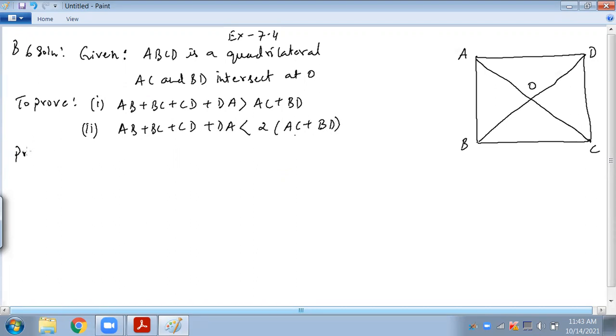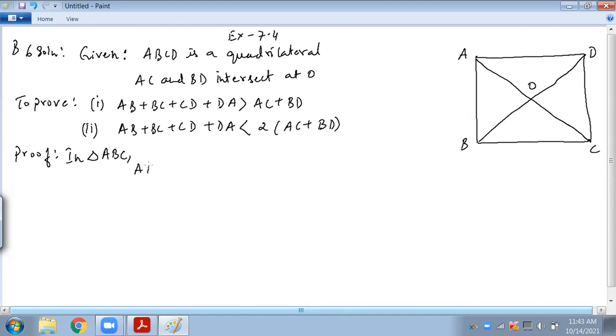Okay, proof. Now, on the left hand side, we need AC and BD. If you see, AC is a part of triangle ABC, and AC is also part of triangle ADC. So one by one, we'll take both triangles. In triangle ABC, what you can take?